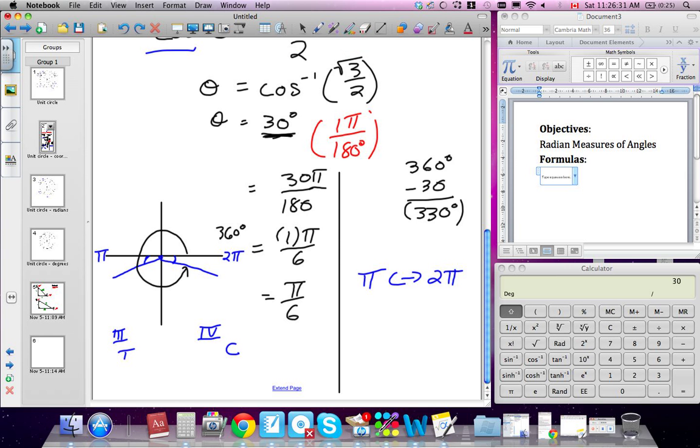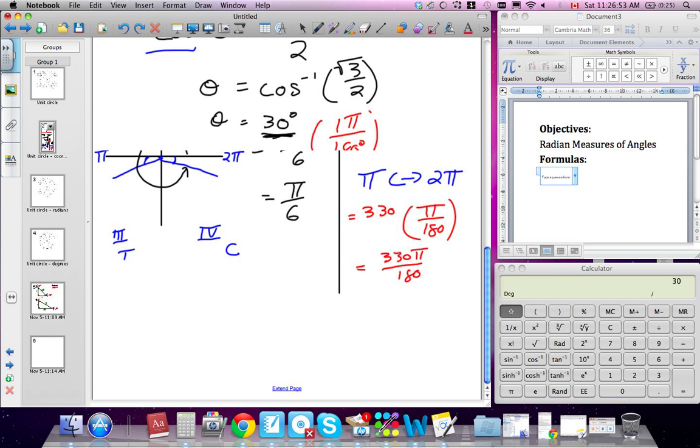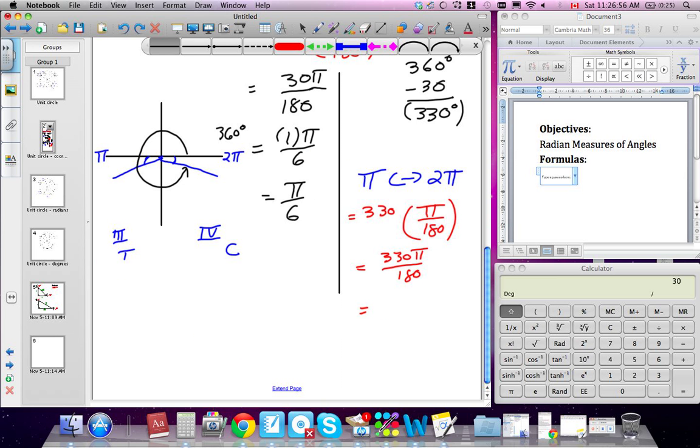So these were our side calculations. Let's do a side calculation of 330 degrees times pi over 180. And then when we go to reduce them, I think we can reduce each of them by 30. In fact, we can divide both those numbers by 30. Does this make sense so far? Yeah. 330 pi over 180. Okay.